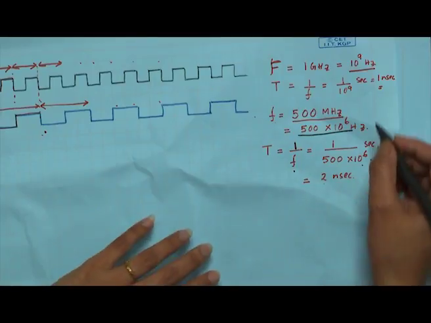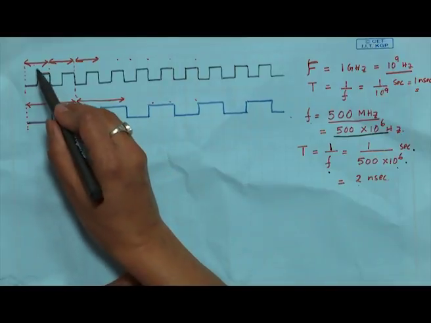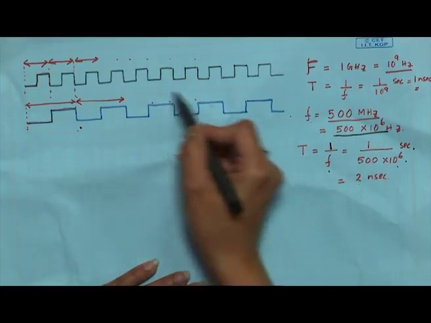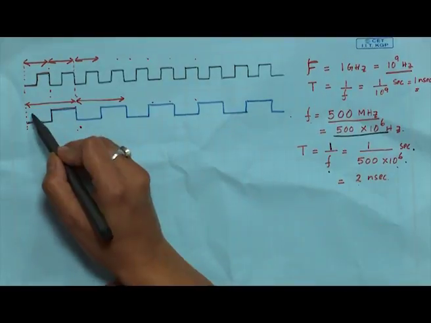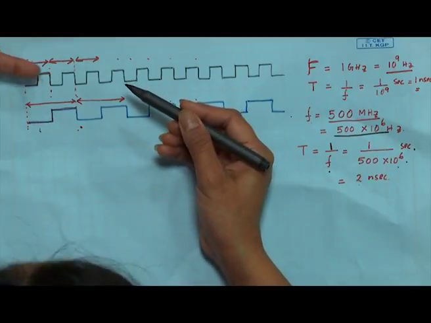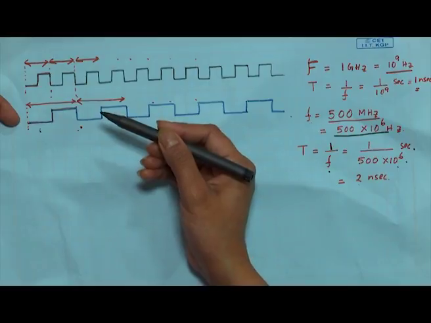That means, for the previous clock, the time period is 1 nanosecond. For this one, the time period is 2 nanoseconds. So, which will be faster? Obviously, the first one will be faster than the next one.